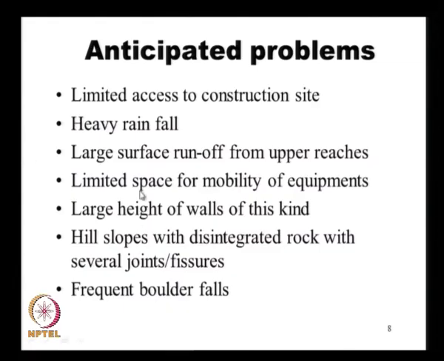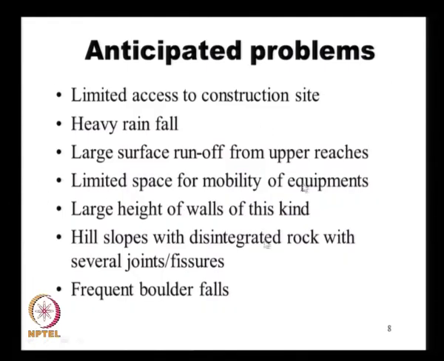There is limited space for mobility of the equipment, because as opposed to the construction of the ROBs, where there is a free opening on one side through which you can bring in the equipment, here there is no such possibility, and because of that we have to think of some ingenious ways of construction. The major problem is the large height of walls of this kind, which were never built in India.